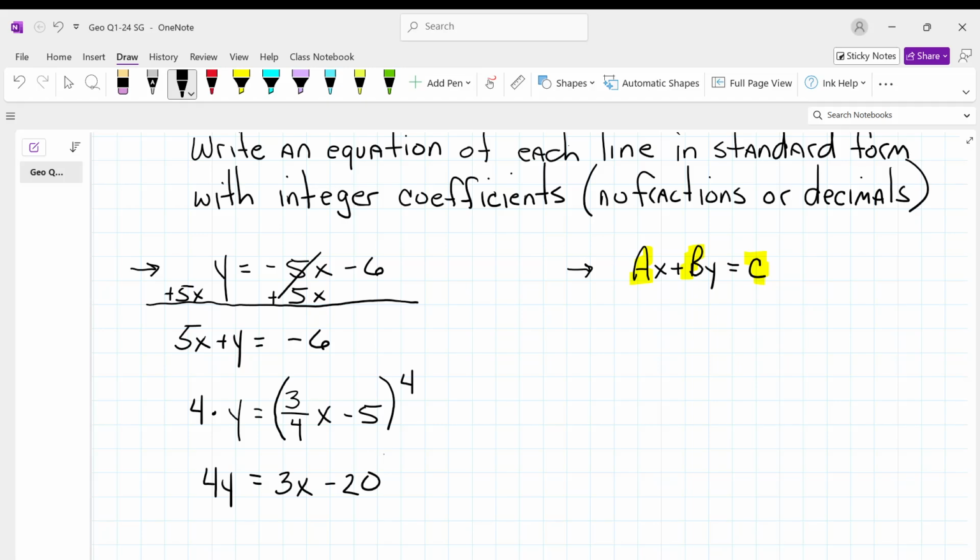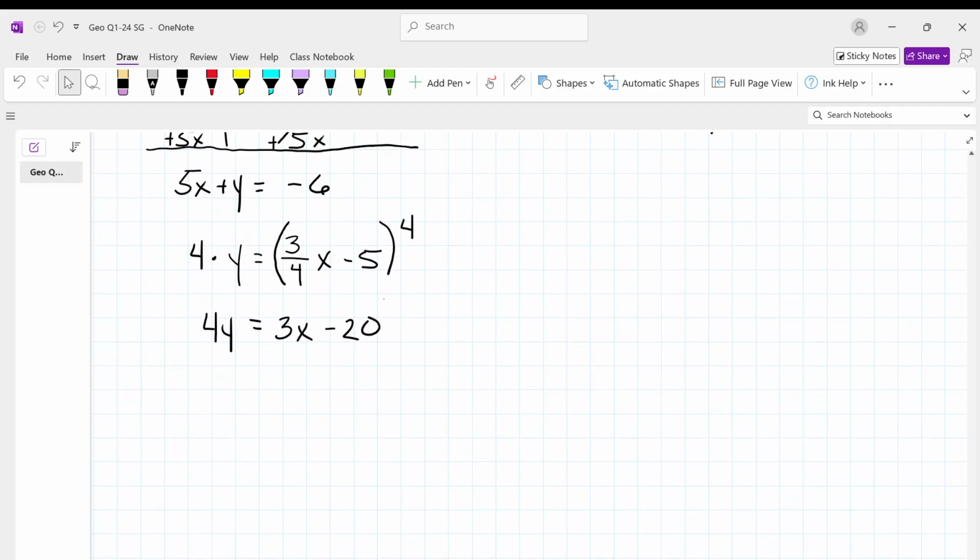So now, the next step is to subtract 3x from each side. On the left-hand side, we get -3x plus 4y is equal to -20. And now we're in standard form.